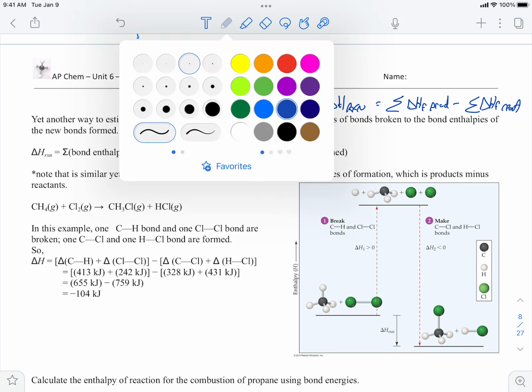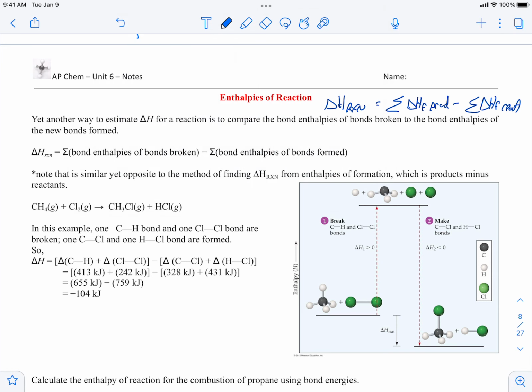There's another way to calculate this, but it is different. I want you to make sure you realize this is different now. The delta H of reaction can be solved for using bond enthalpies of the bonds that will be broken minus the bond enthalpies that are forming. So bonds broken minus bonds formed.